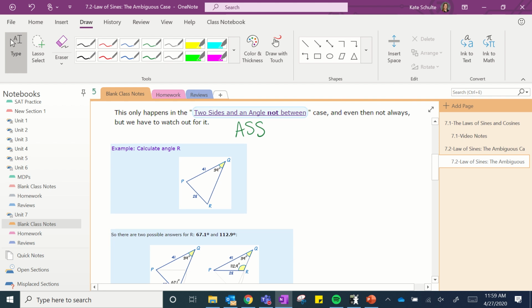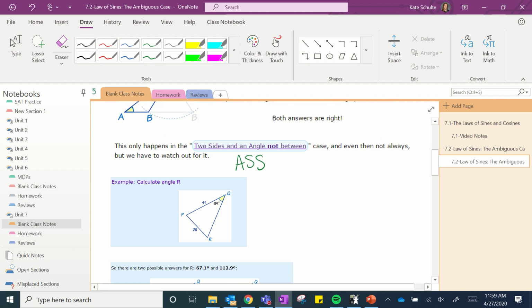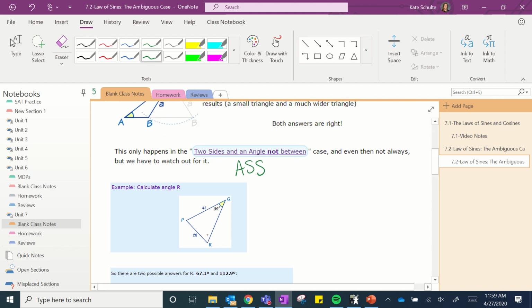Because we have angle, side, side, we're almost always going to be looking for an angle here, but you could be looking for a side. You just have to do multiple steps. I'm going to get into this explanation below later, but we're looking for angle R. We have the ASS case here.